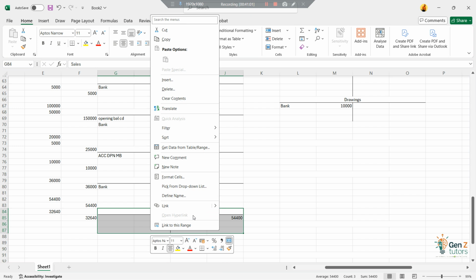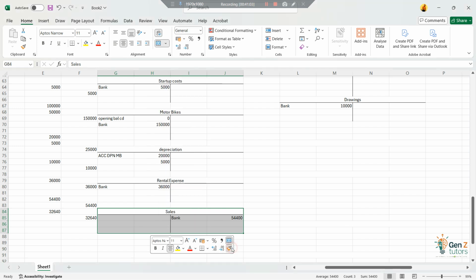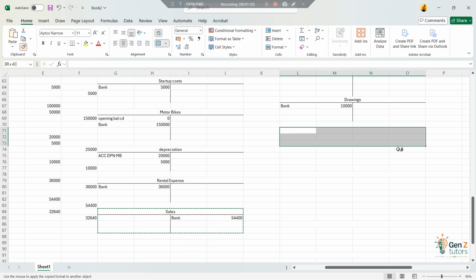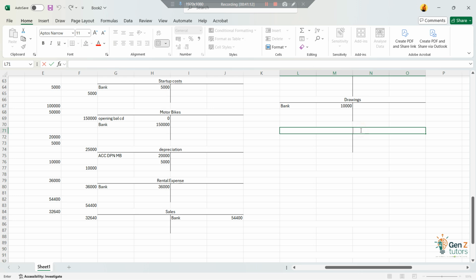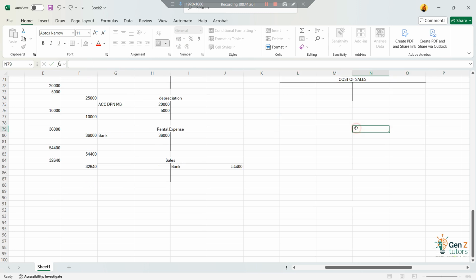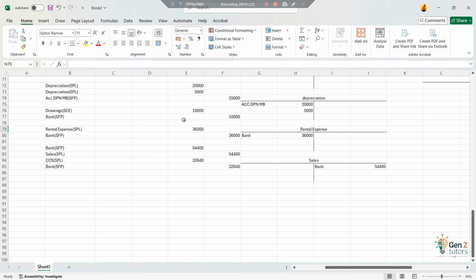Then you say sales, and you credit sales due to bank, due to the money we received in the bank. Then you say sales credit 54,400, and then you go to the bank ledger again for that 54,400, and then you say sales due to that 54,400, right?